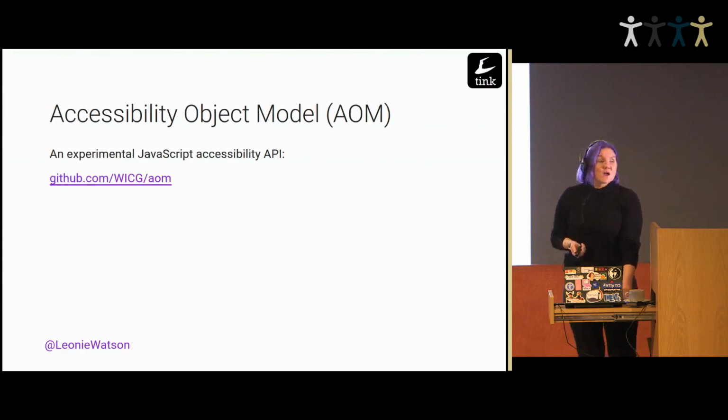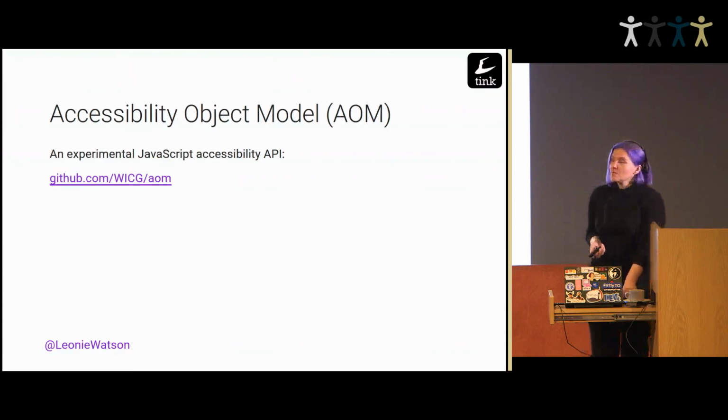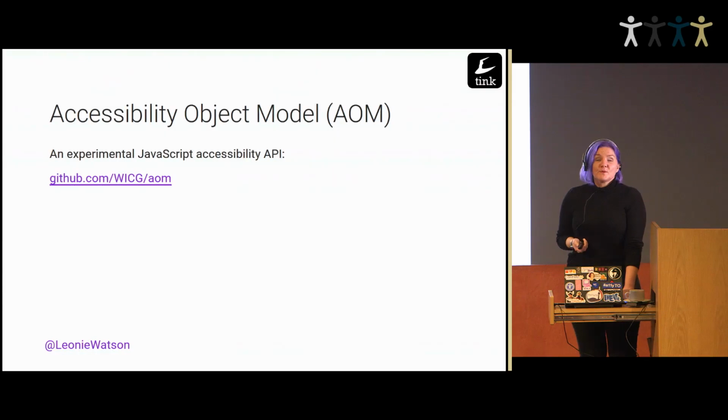It's being developed by people from Mozilla and Google and Apple. And it has 4 phases, and if it comes into being properly, it will be a JavaScript API that we can use as developers to ask the browser to give up its accessibility information. In other words, we'll be able to talk to the accessibility tree in the browser just like the assistive technologies can. I will say if it comes to fruition.